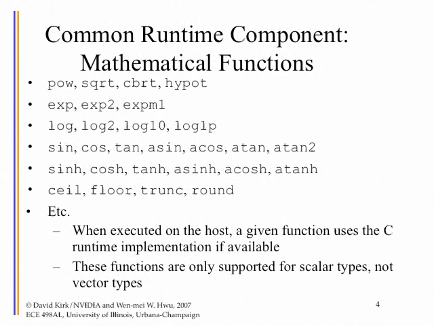There are a few things that you will find very useful: you have these power, square root, exponentials, logs, sine, cosines, and ceiling, floor, and so on. What happens with these mathematical functions is that whenever you're executing on a host, a given function uses the C runtime implementation on the host. Remember this.